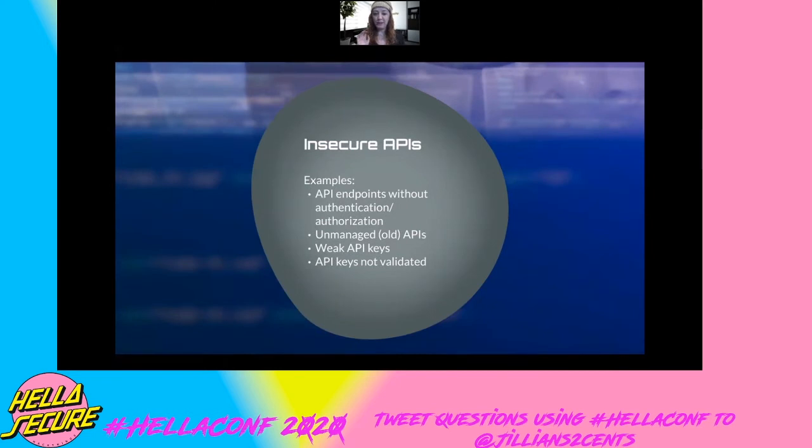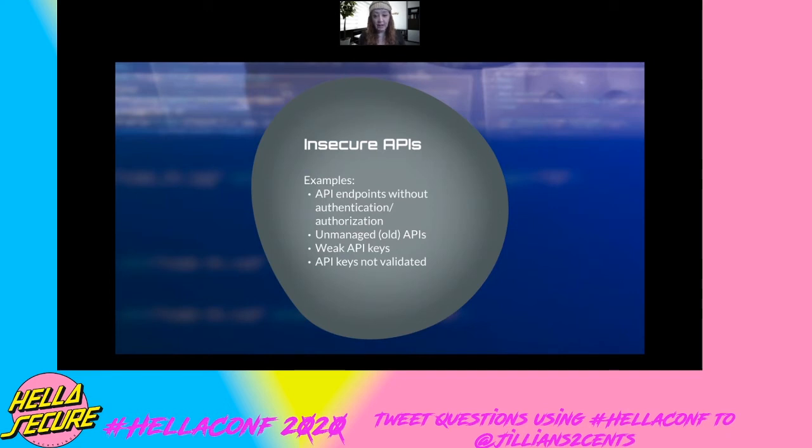Insecure APIs. And I think the tools are starting to catch up with this a little bit, but still a lot of dynamic testing is not really geared towards testing for API insecurity. So things like API endpoints that probably should have authentication and authorization, but don't. That's something to find. That's something that's really hard to find automatically.